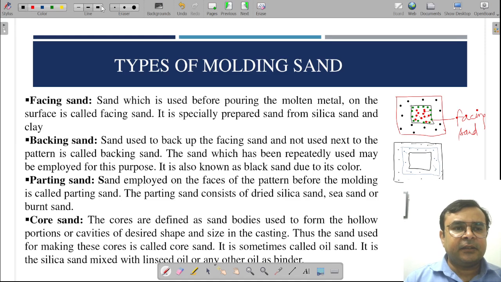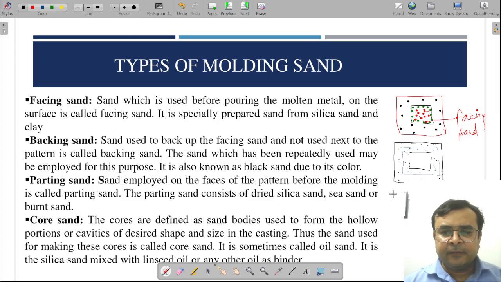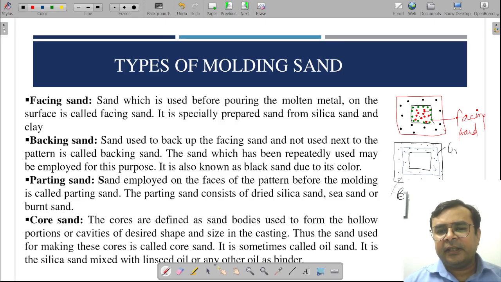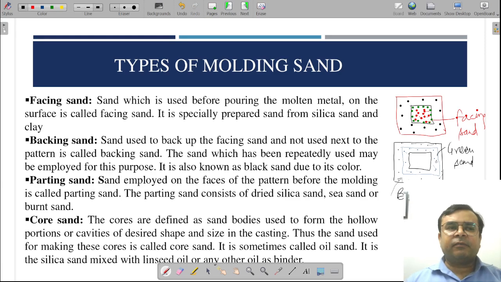This outside sand is called as backing sand, and this is called as green sand. So by use of this burnt sand, we reduce the consumption of fresh green sand.